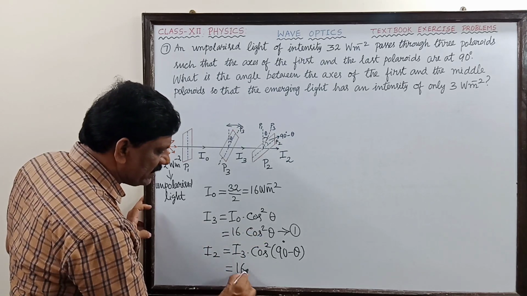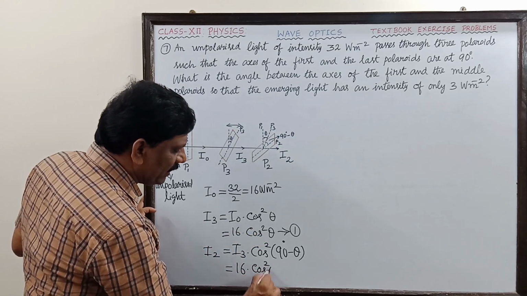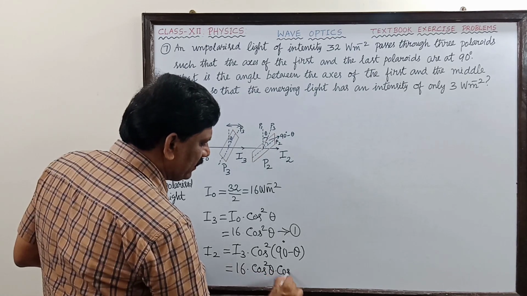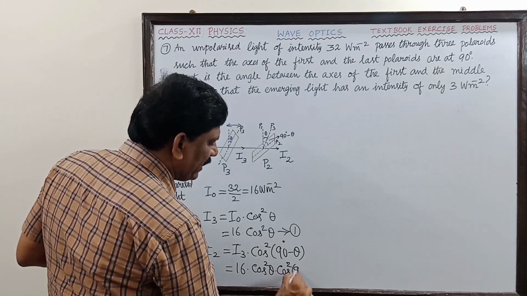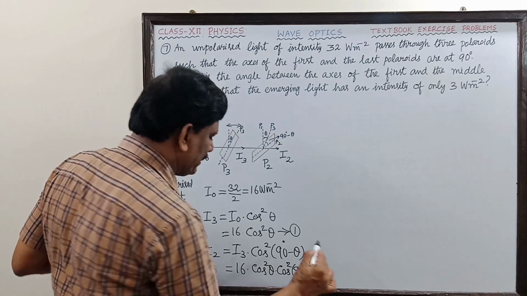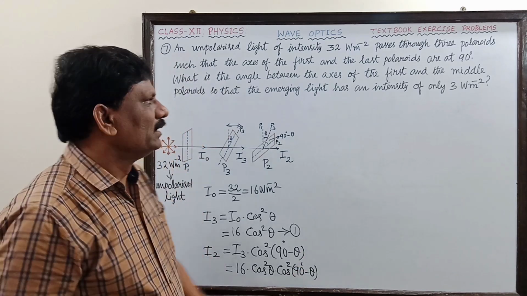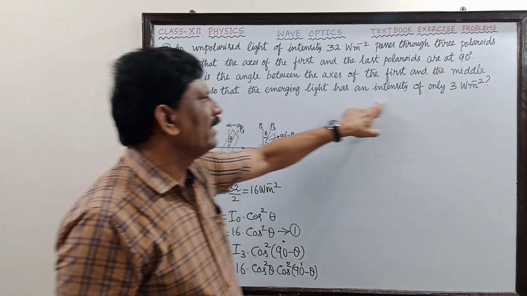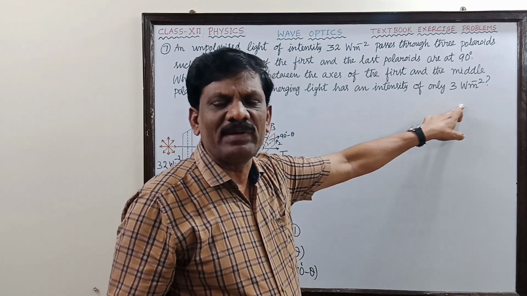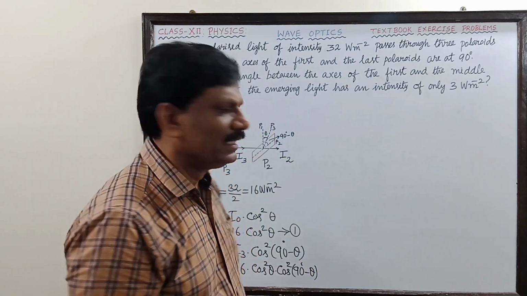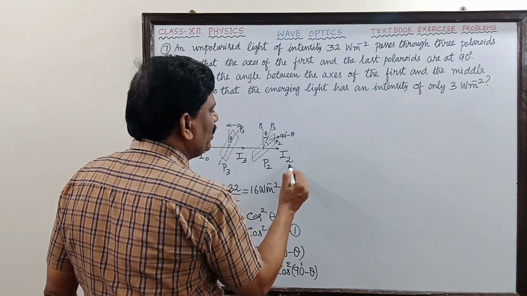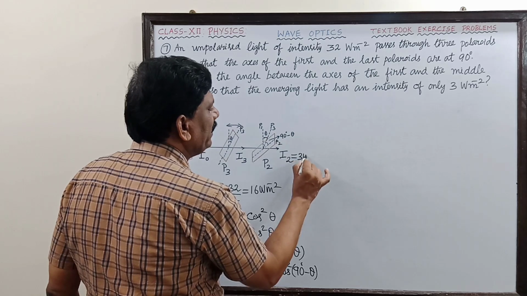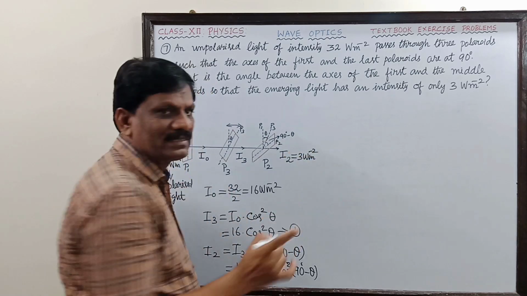So this is 16 cos square theta into cos square of 90 minus theta. Okay. Now what is given? The emerging light has an intensity of 3 watt per meter square is given, isn't it? So I2 is equal to how much? 3 watt per meter square is given.